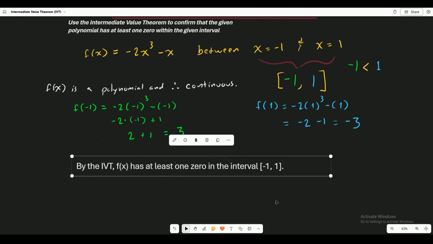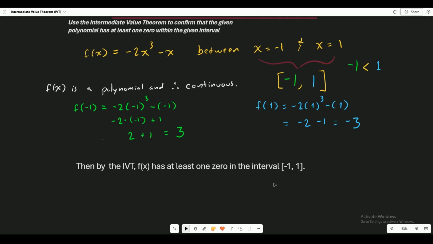And we're done. By the IVT, f of x has at least 1 0 in the interval from negative 1 to 1.